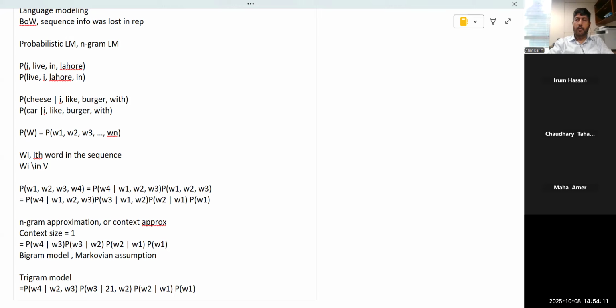So this would be a trigram model where the maximum length of word in a probability is 3. Context 2 है और maximum is 3.